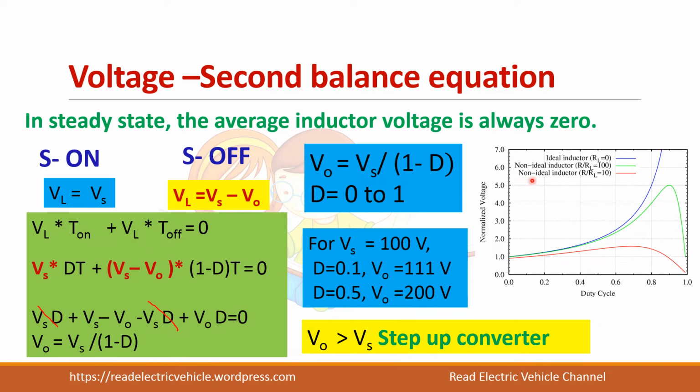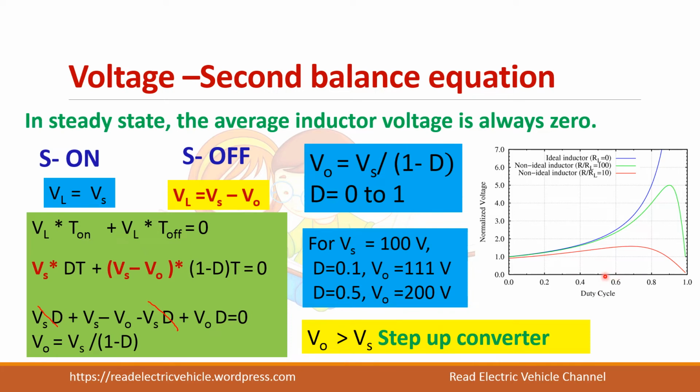But if it is a real inductor, that is in practical circuits, it has some internal resistance, which decreases the voltage after a certain point. So in boost converter, you can see that when you operate the boost converter at low duty cycles, it may perform well.